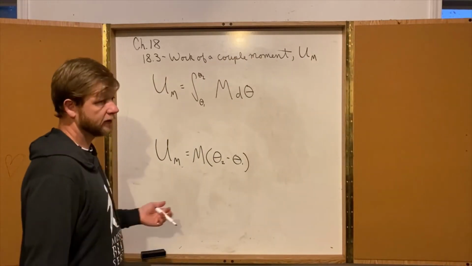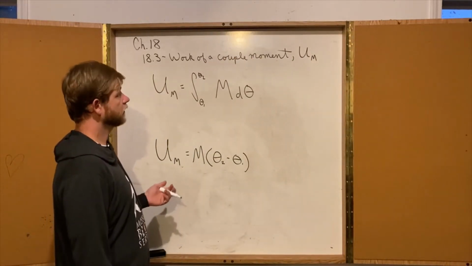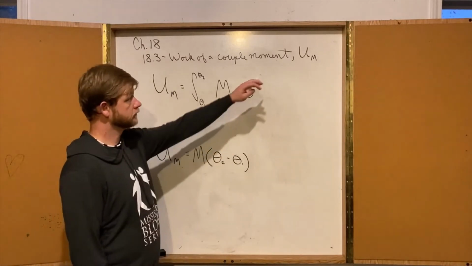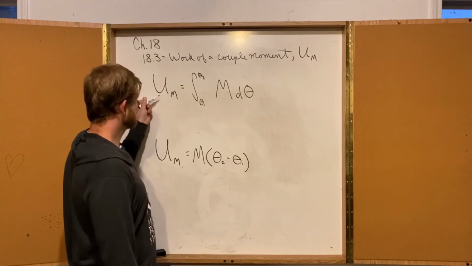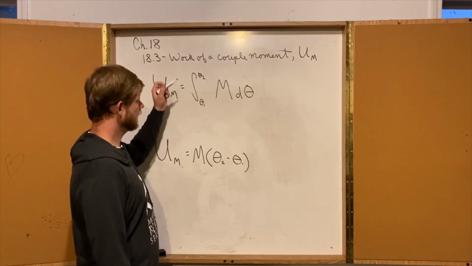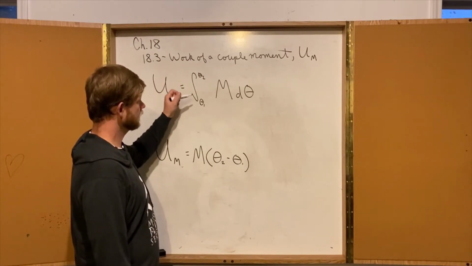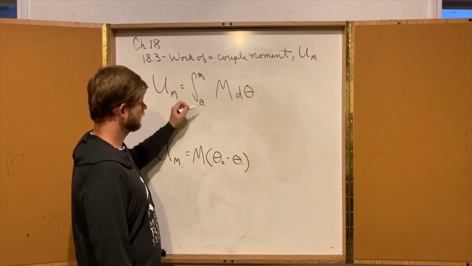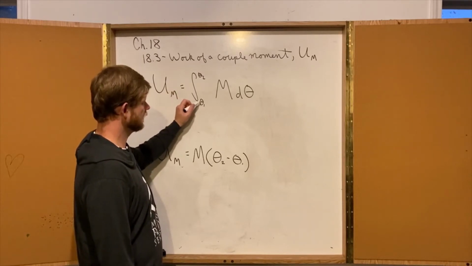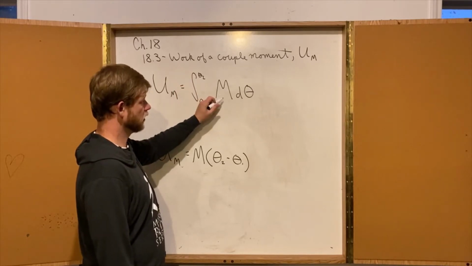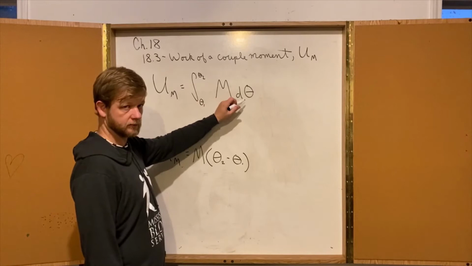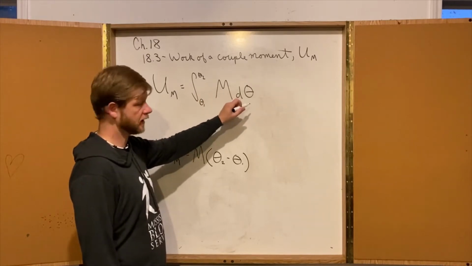So in section 3 of chapter 18, we talk about the work of a couple moment, which we'll define as U sub M. U sub M is the integral from where theta begins, the initial theta, to where it ends, theta 2, of the moment times the change in theta.